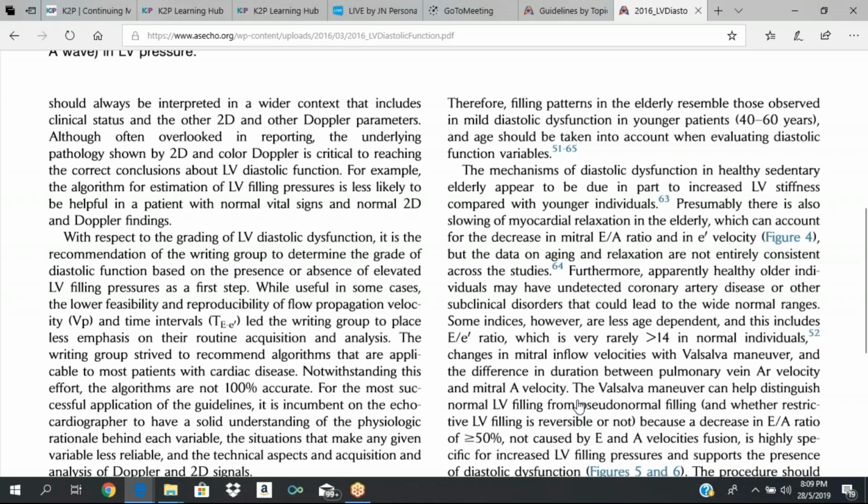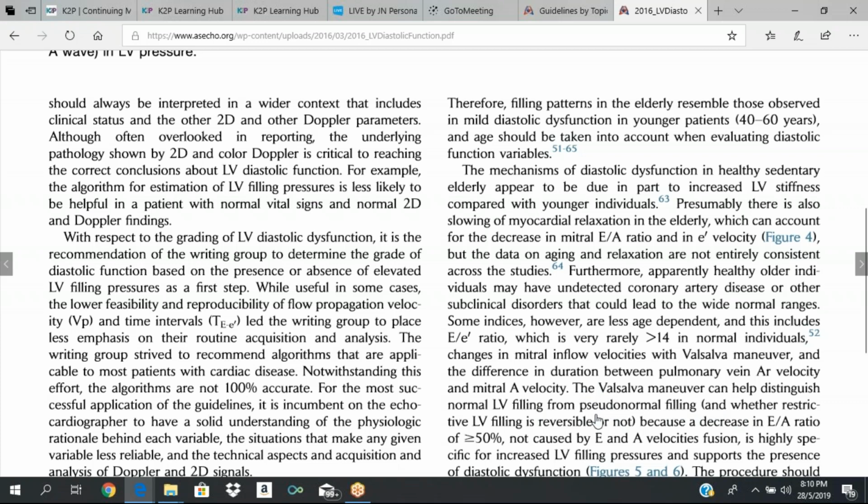But when the E velocity is greater than the A velocity, that should be a young person. If you see that in someone who is over 50, 60, that is abnormal. And you can show that it's abnormal by doing the Valsalva maneuver. When you do the Valsalva maneuver, then you'll see the diastolic dysfunction. That is, the big E will now get small and the A will get larger.